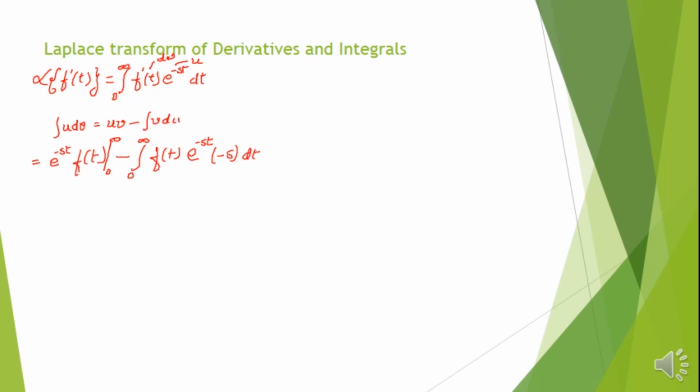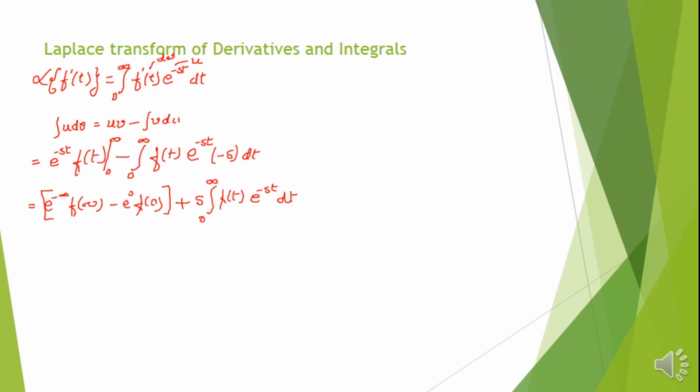Now if I apply the limits, t equal to infinity, e to the power minus infinity f of infinity, minus e to the power 0 f of 0, by applying the limits to the first one, and minus into minus becomes plus s into integration 0 to infinity f of t e to the power minus st dt.